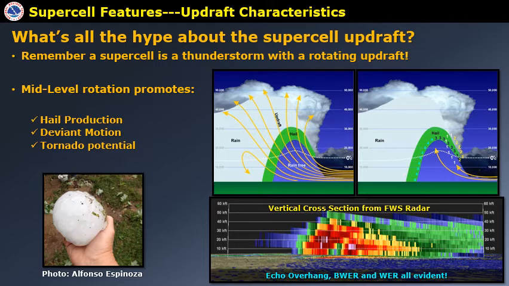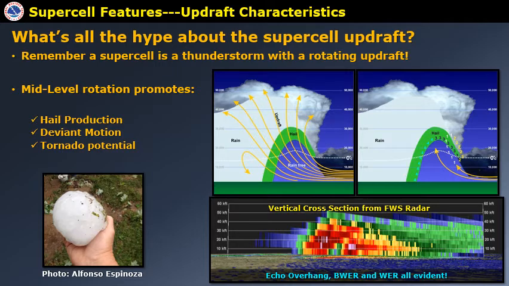However, note the rain-free or precipitation-free areas in the diagram. This is essentially the weak echo region, and there's no precipitation particles available to scatter the energy back to the radar. And this is where we get the name weak echo or bounded weak echo region. This is essentially where our thunderstorm updraft resides.